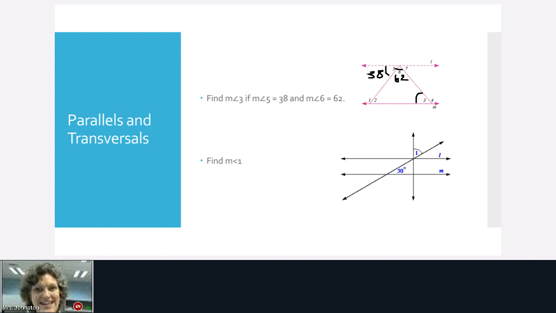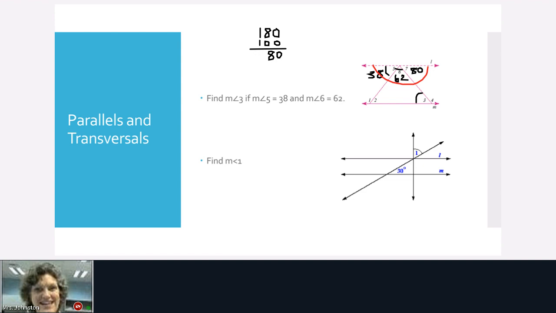First of all, I know that up here, I've got a straight line that contains these 3 angles. I know that a straight line is 180 degrees. So if I add up 38 and 62, I would get 100. And if I subtract that from 180, I know that this third angle that isn't marked is going to be 80 degrees.